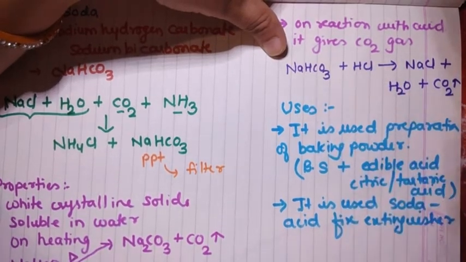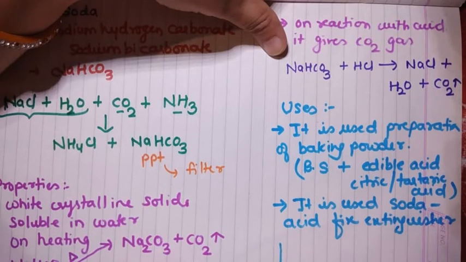Suppose we talk about the fire extinguisher. In that there is an arrangement that in this tube acid is filled, and here the baking soda is filled. Now what will happen here? Suppose H2SO4 is there, and here NaHCO3 is there.